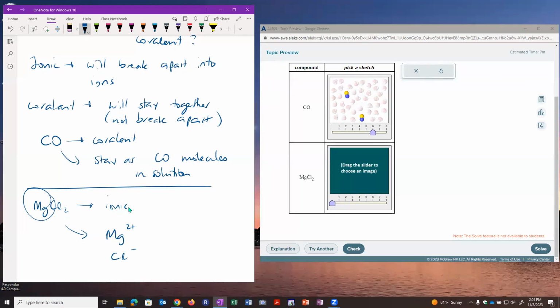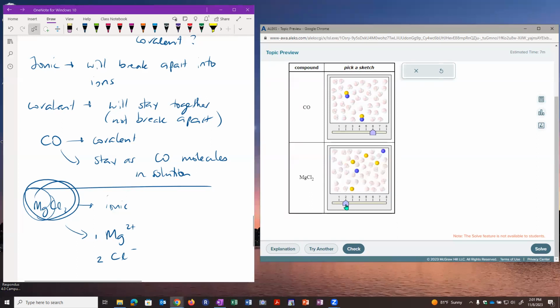Well, according to this formula, for every one magnesium, we have two chlorides. Okay, so I actually get 3 particles for every one MgCl2. So if I slide across, I can see now, well, these are broken up, but are they in the correct ratio? Well, let's see. Keep going, keep going.